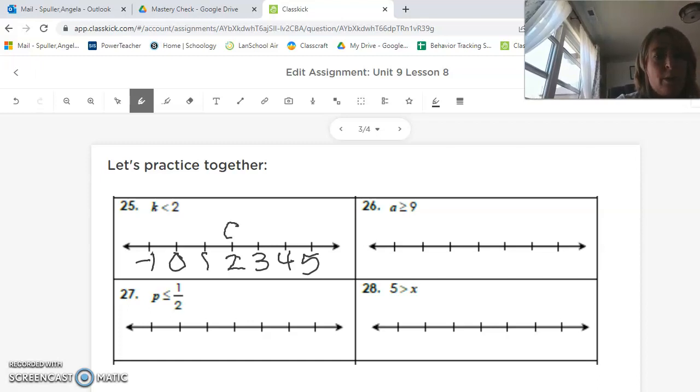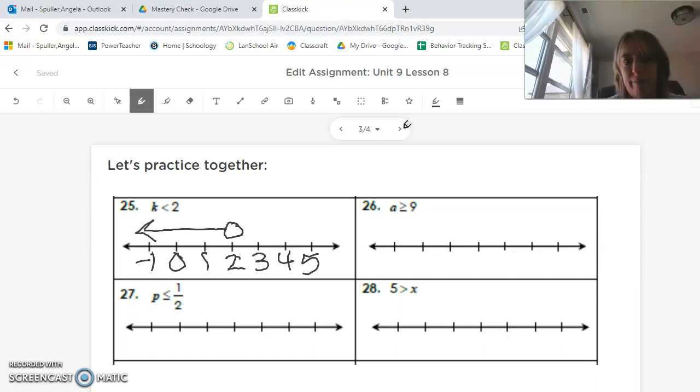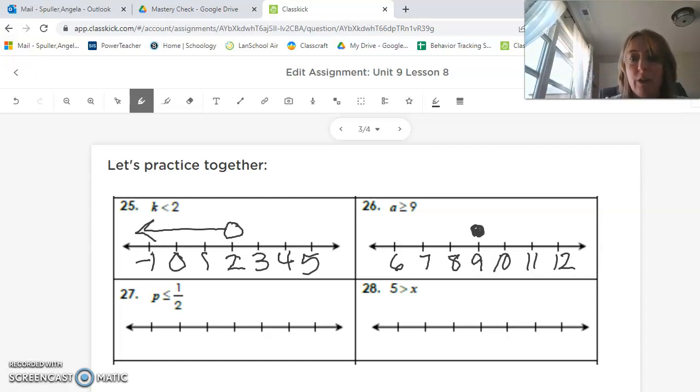We're going to put an open circle above the 2, and it's less, so we're going to put our arrow going to the left. Again, start with 9, count backwards 8, 7, 6, count up 9, 10, 11, 12. Now this is greater than or equal to, so we're going to put a closed circle, the colored circle, above the 9, and it's greater, so it's going to go to the right.